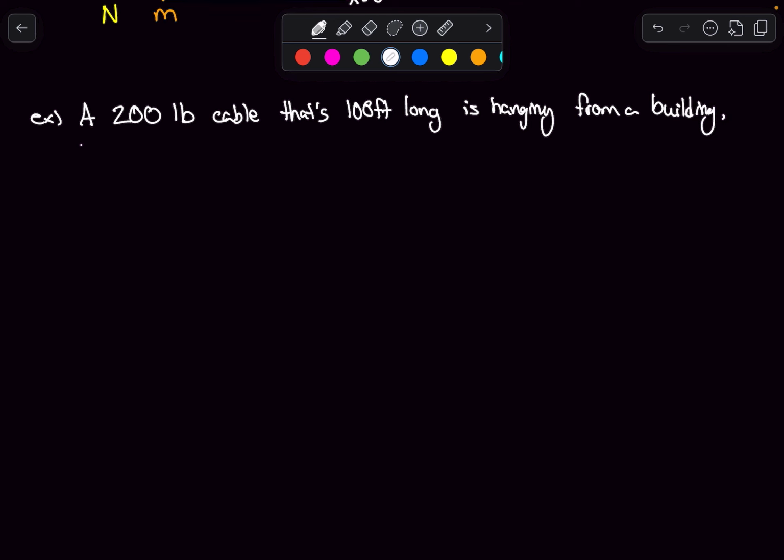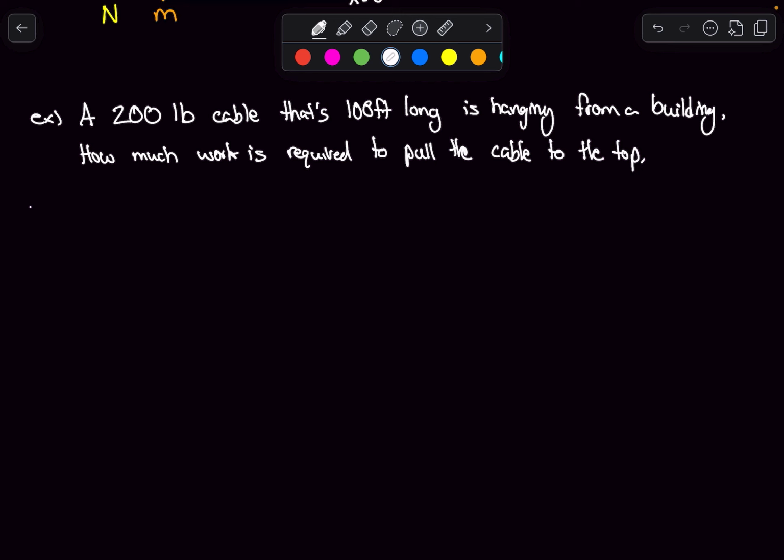It's hanging from a building. How much energy is it going to take to pull that cable up to the top? Okay, so how much work is required to pull the cable to the top?